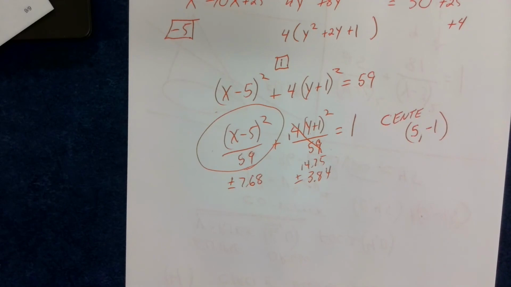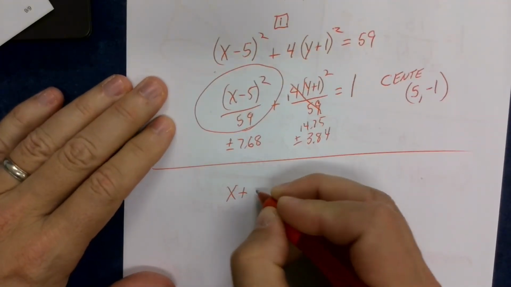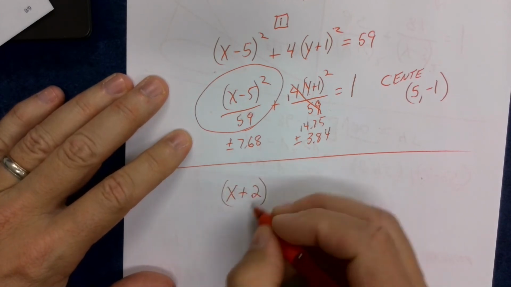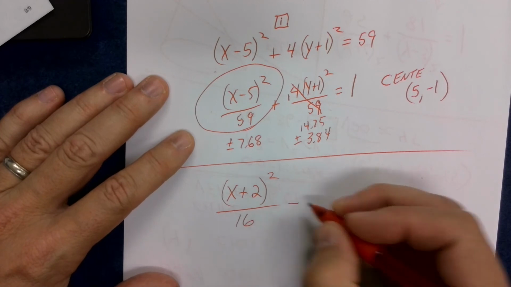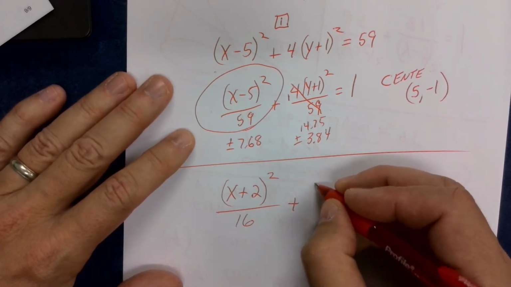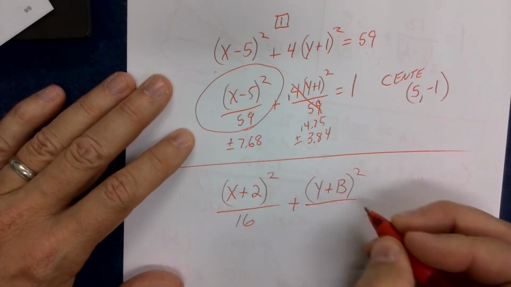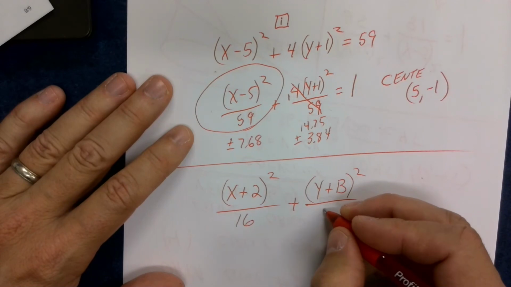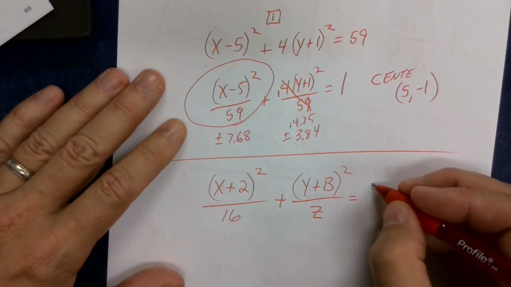There's going to be ones where I'll put an equation like this: (x plus 2) squared over, I don't know, 16, plus (y plus b) squared over z equals 1.